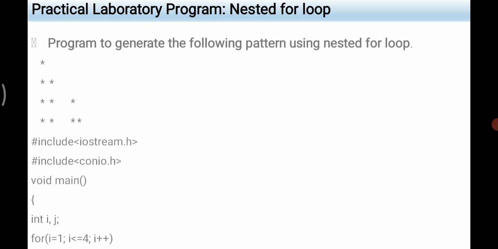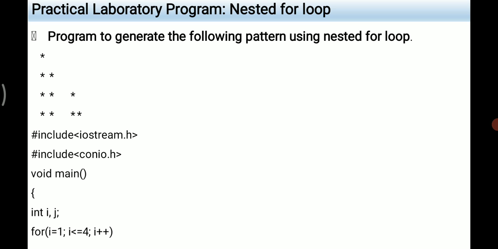Next we'll see a program for your nested for loop. If one looping statement is enclosed within another looping statement, then such a sequence of loop statements is called nested loops.